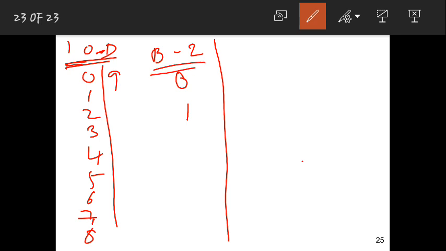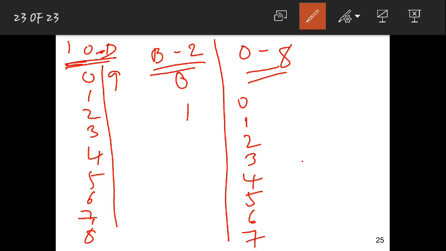Next, coming to octal, it has 8. That starts from 0, 1, 2, 3, 4, 5, 6 and 7. So 0 to 7 means total you have 8 digits in octal. Next you have hexadecimal, which means you have 16.